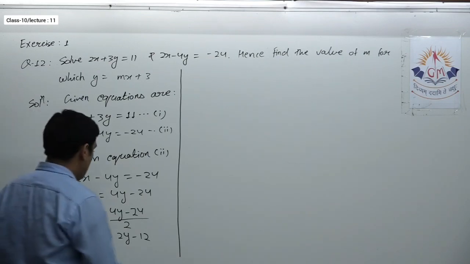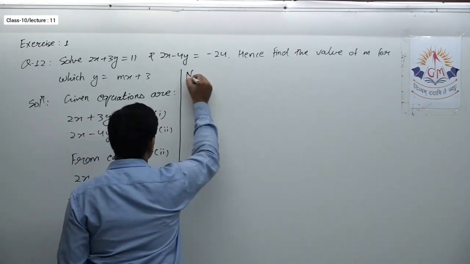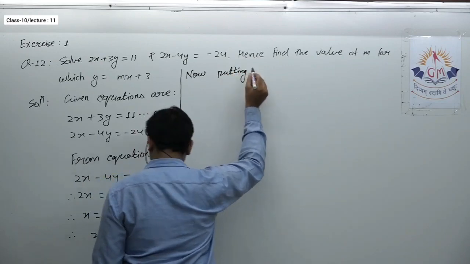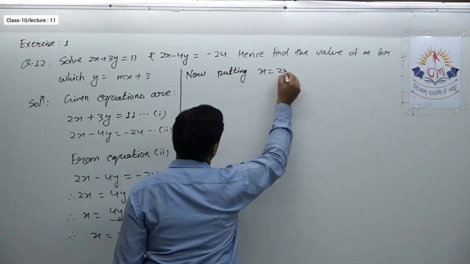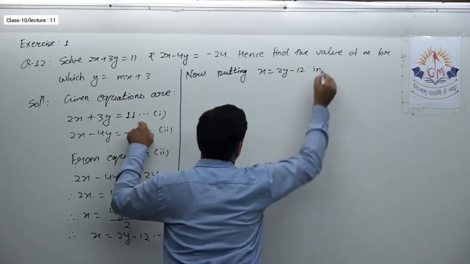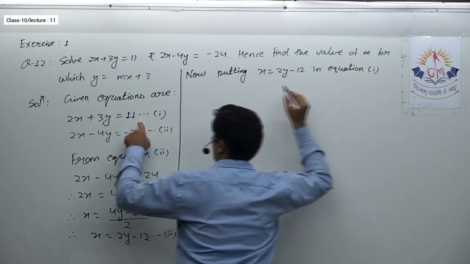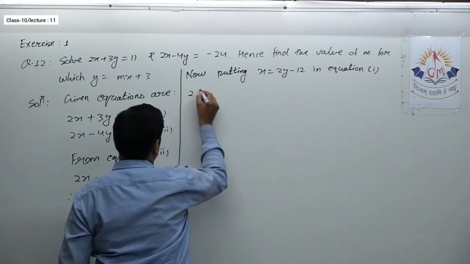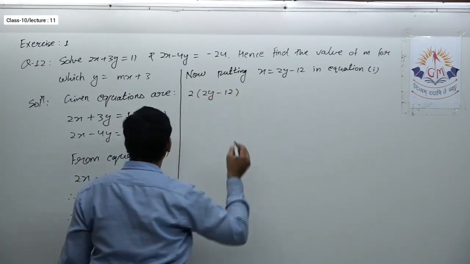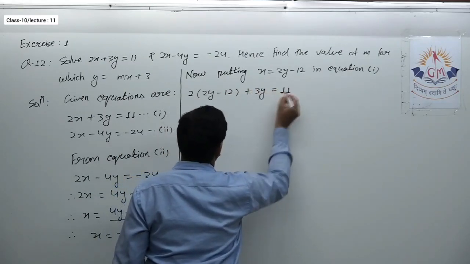First of all, let this be equation number 3. Now, putting x is equal to 2y minus 12 in equation number 1, we get 2 times (2y minus 12) plus 3y is equal to 11.